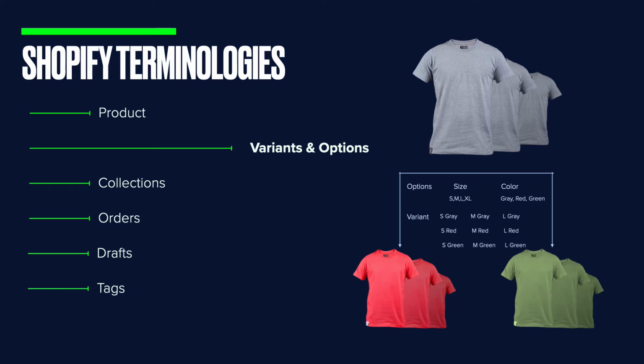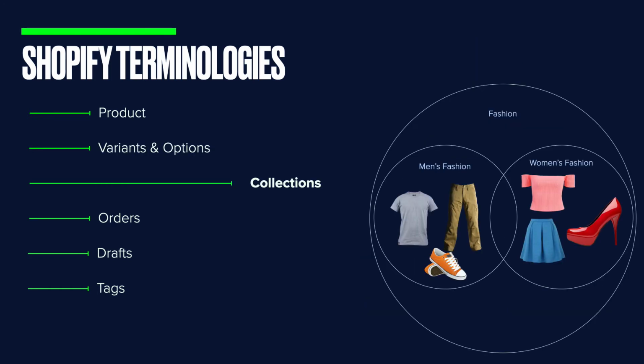It's nothing complicated. Once you get used to it, everything will be simple, we are just going through it. So now we understand what products, variants and options are. Next is collections. Collections are the simplest one. Collections are just groups of products. We can group them in any way we want.